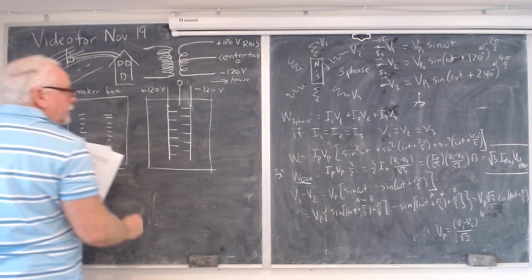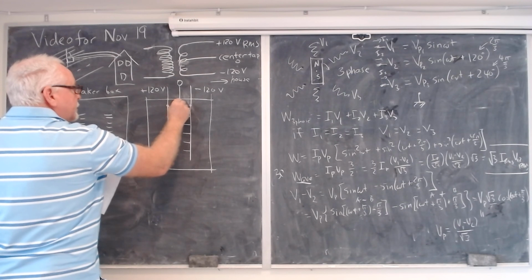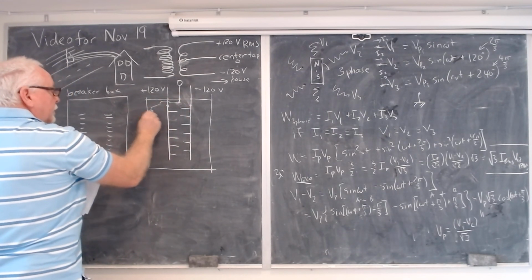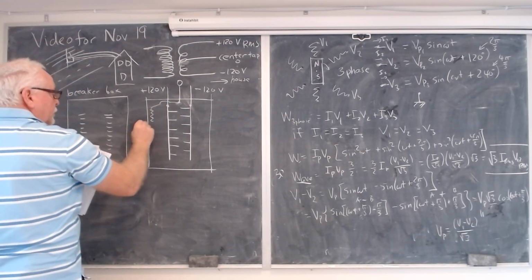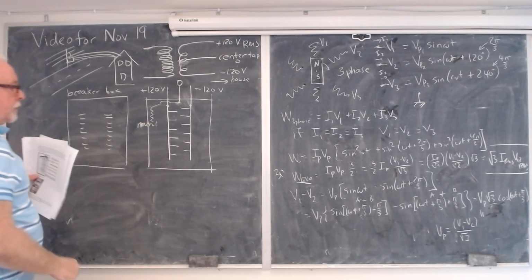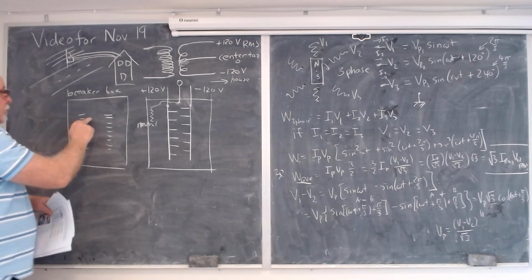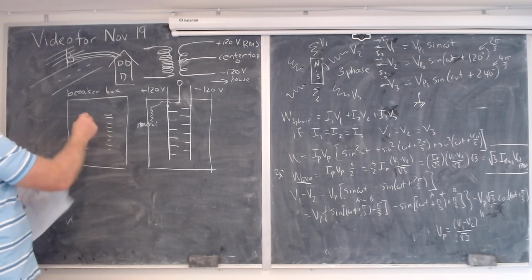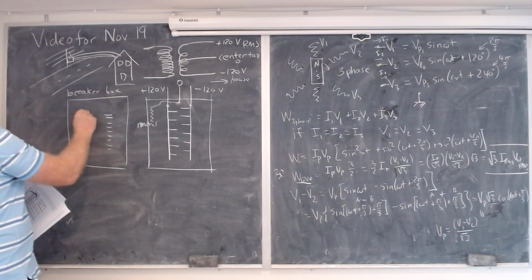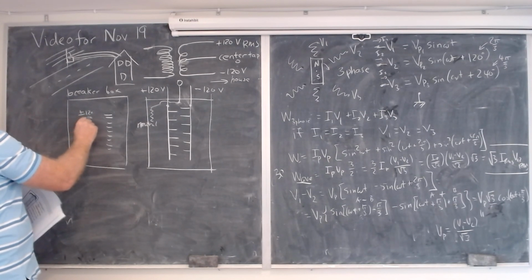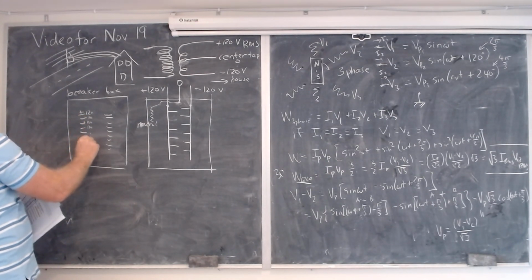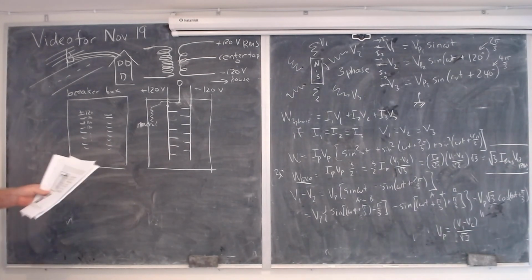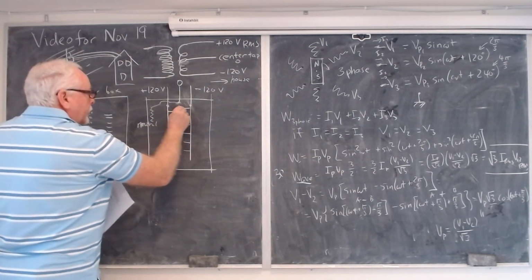And then this goes off to a neutral bar, which is essentially ground. And so when you look at these breakers, they flip back and forth. They go between plus 120 and minus 120, plus 120 and minus 120, etc., on each side, because these go all the way across.